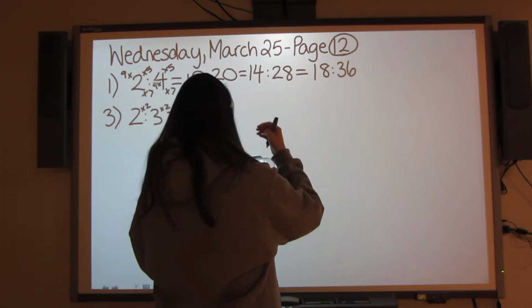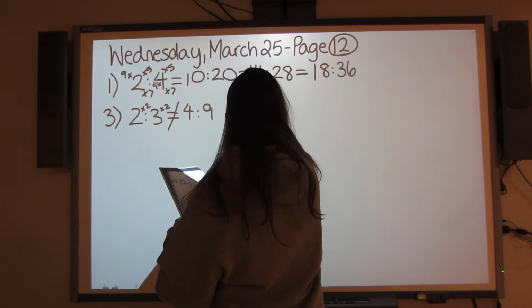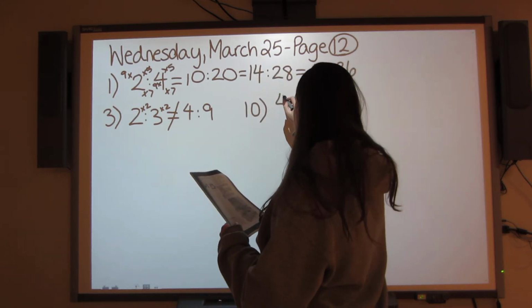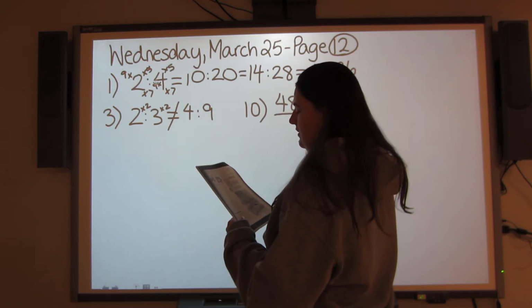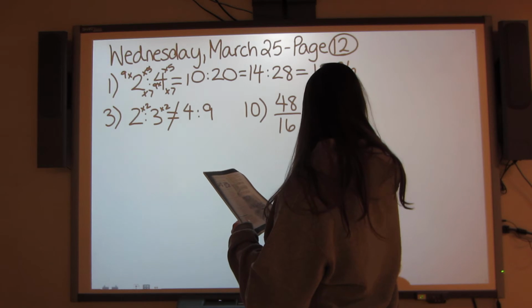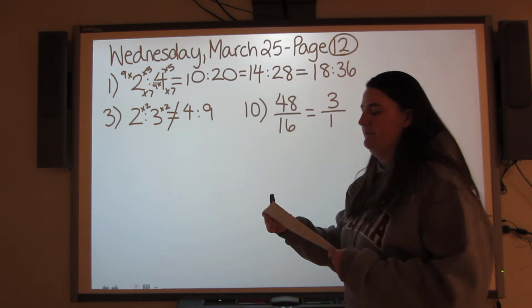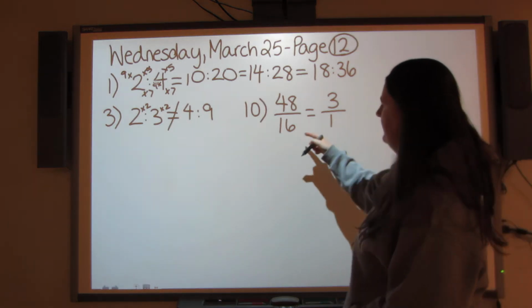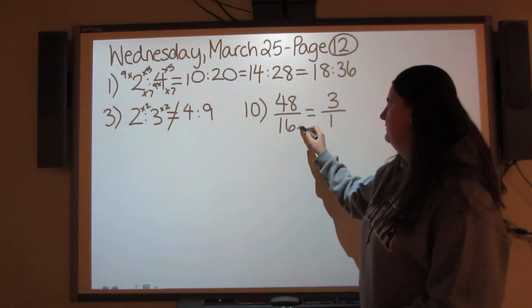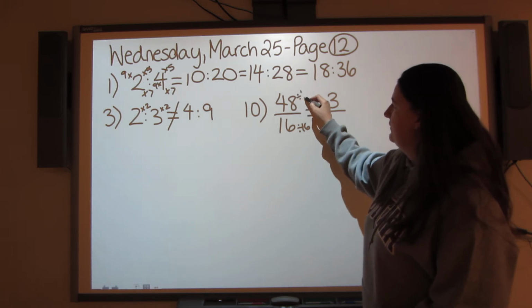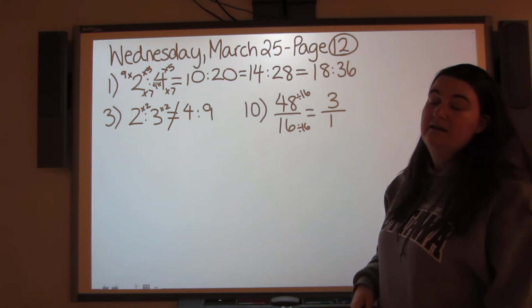Let's try number 10. Number 10 is written as a fraction. We've got 48 over 16 equals 3 over 1. So 16 divided by 16 is going to get me 1 for sure. So let's see, can I do 48 divided by 16?